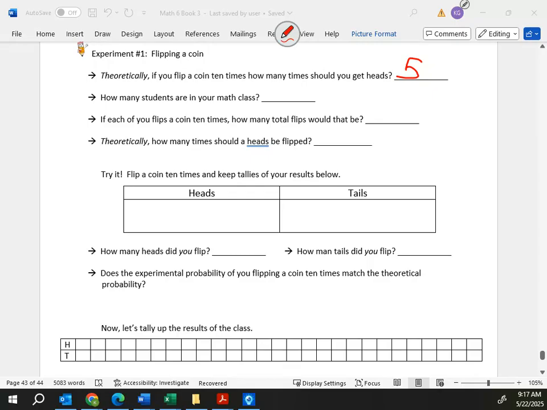So let's look at how many students are in our math class today. 8, 12, 16, 20, 24, 25, 26. We have 26 kids in class today that are going to be doing our experiment.